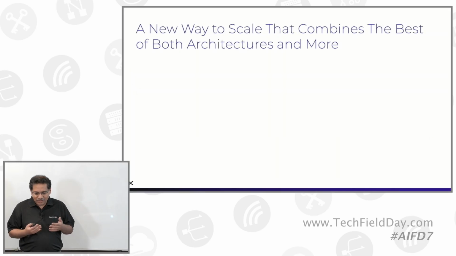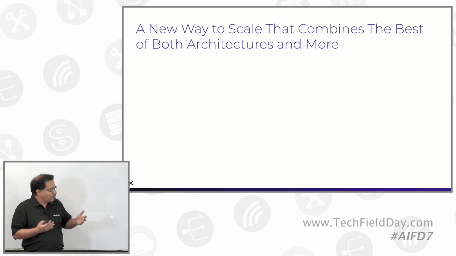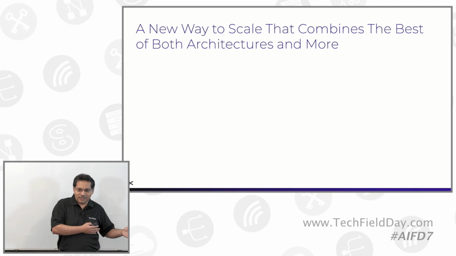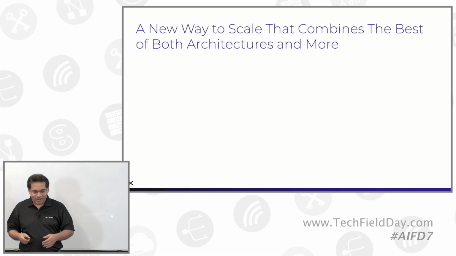So what is it that we need to do to break this conundrum that has to work on trade-offs between resiliency and efficiency? We need a new way that combines the best of both worlds, right? We like the accessibility that the shared everything architecture provides, but we also like the linear scaling that we get from shared nothing.